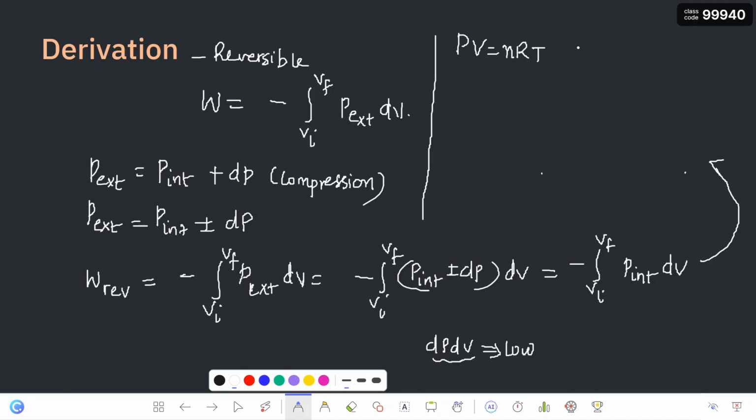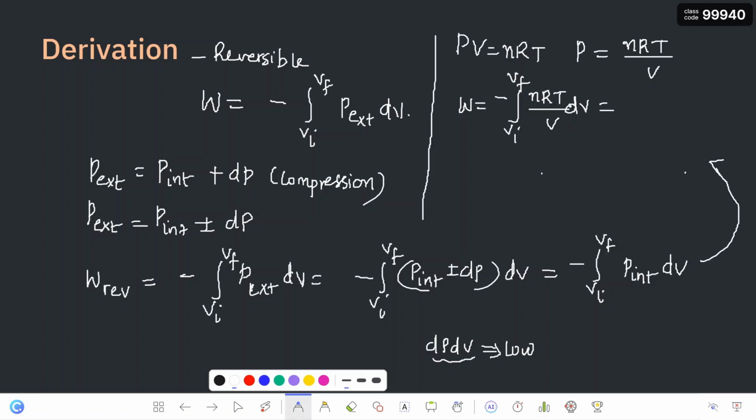So P is equal to nRT by V. We can substitute this ideal gas equation there. So W is equal to minus integral of Vi to Vf, instead of P internal, we substitute nRT by V dV.